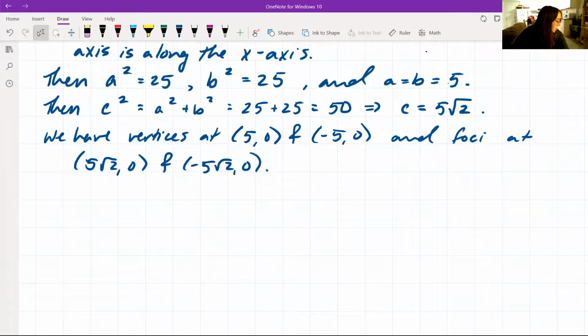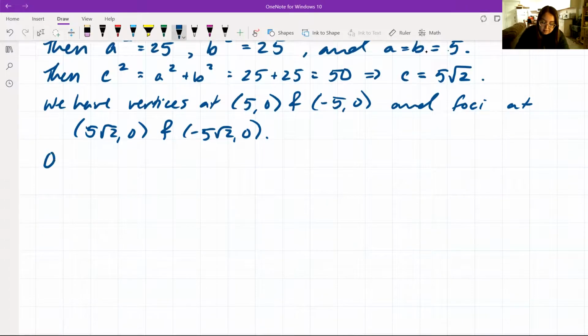Then we also know that our y-intercepts are non-existent, because we don't have any positive values of y, and we have a hyperbola that ends up with its transverse axis along the x-axis.